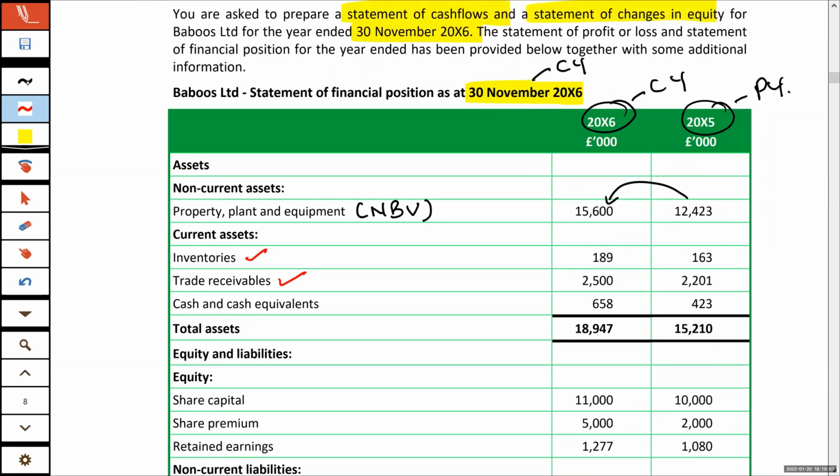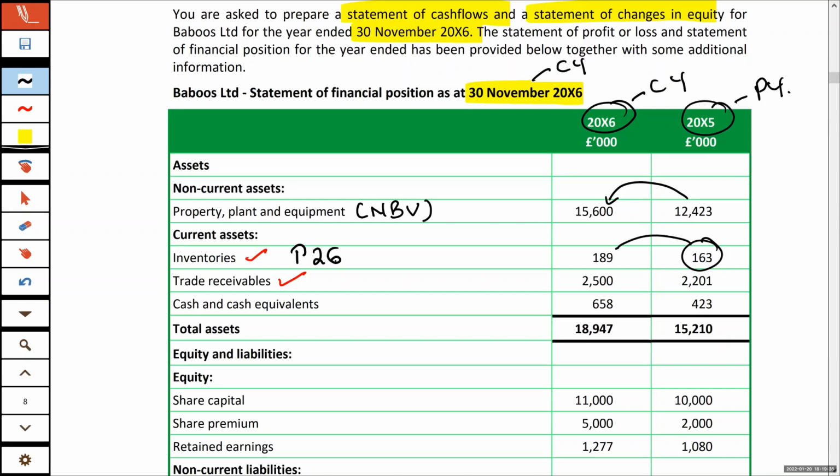What we say is, I had last year, again, brought forward, carry forward difference, 163. This year, my inventory has risen to 189. That is an increase of 26. So inventory has increased by 26.